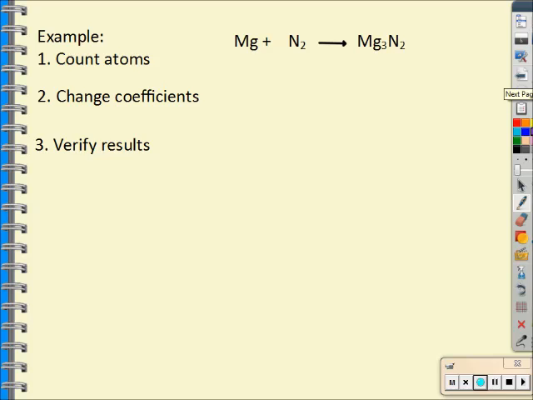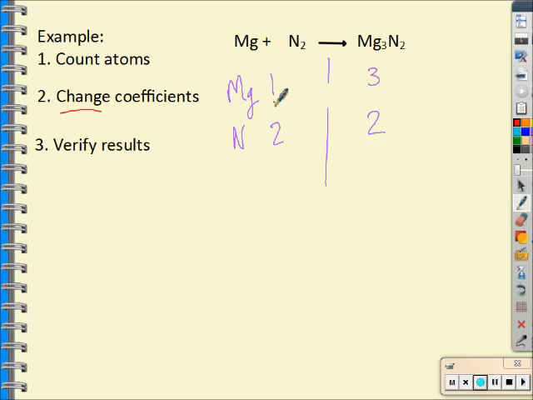So an example, count our atoms. Start out with magnesium and nitrogen. Reactant side I have 1, product side I have 3. Reactant side I have 2 nitrogen and 2 nitrogen. Is it balanced? No. What do I have to do? Next step says we're going to change coefficients.